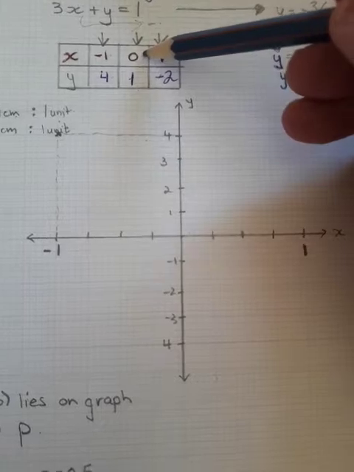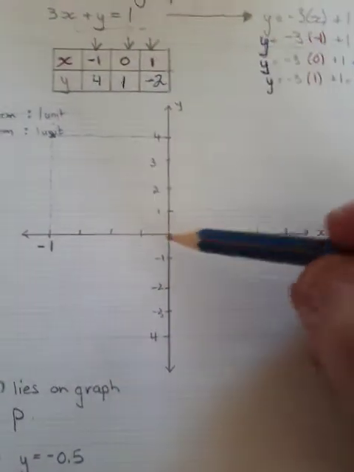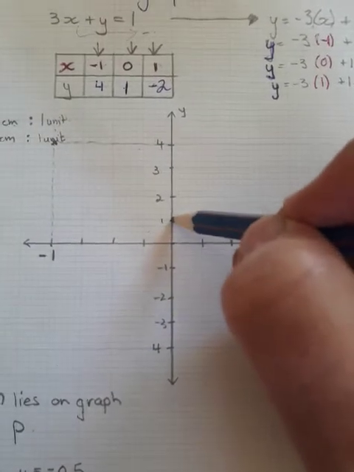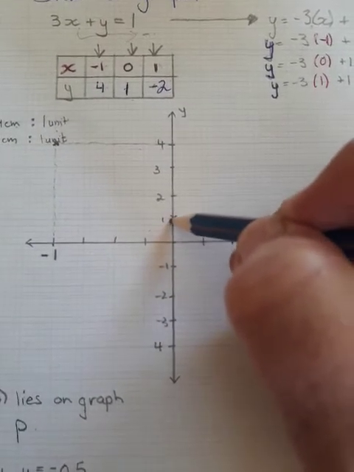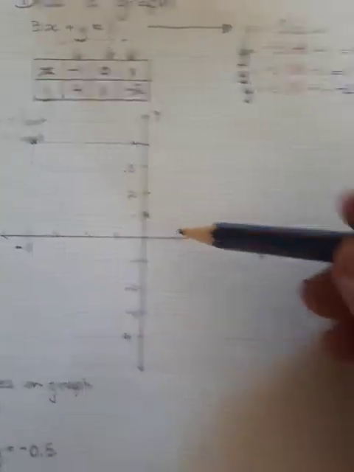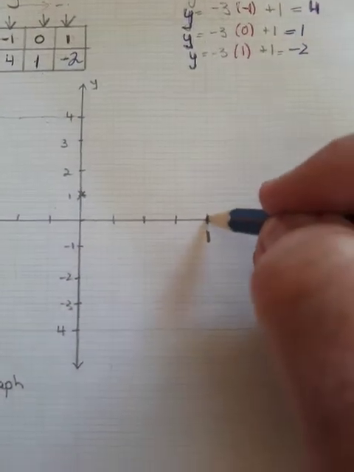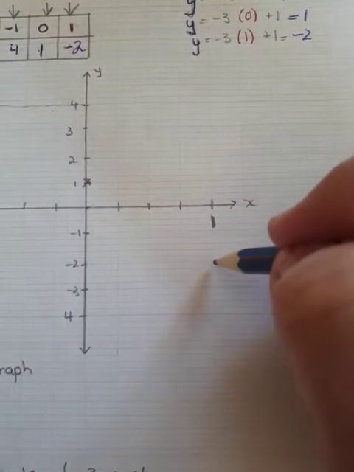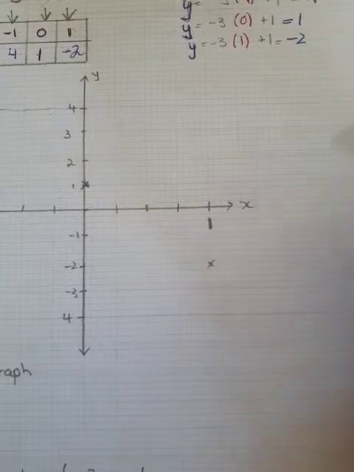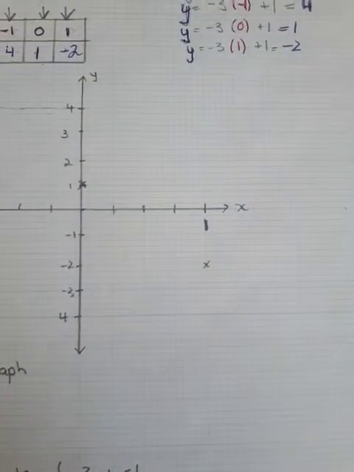Then the second one is 0, 1, which means where's x 0? X is 0 here. Y must be 1, so you just need to go up 1 point. Then the next coordinate, 1, minus 2. On the x-axis, find 1, and then minus 2, and this is where the third coordinate lies.